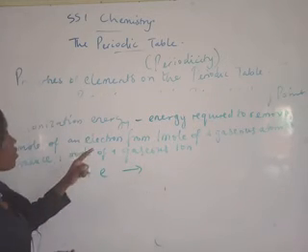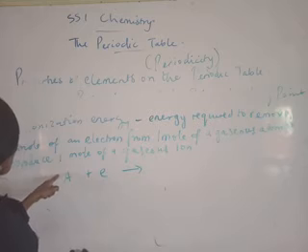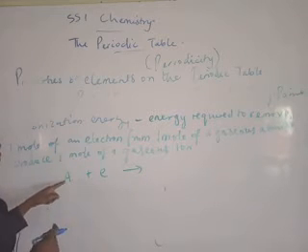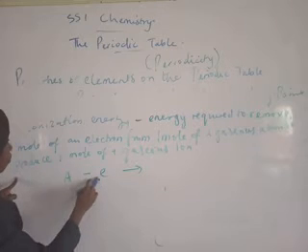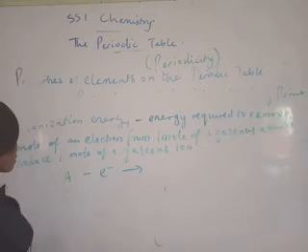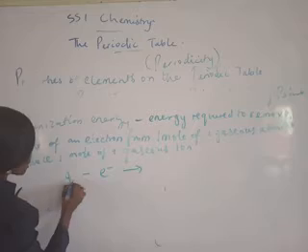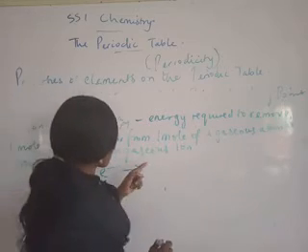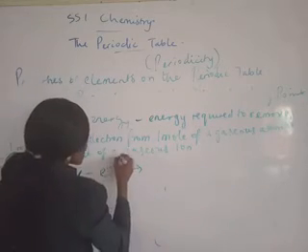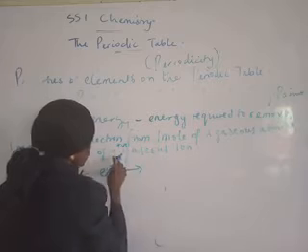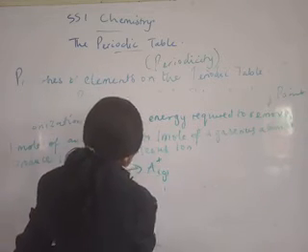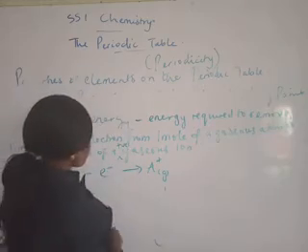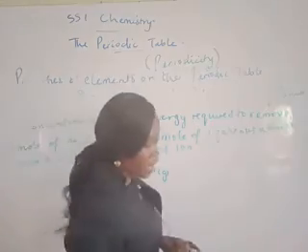The amount of energy required to remove 1 mole of an electron. I want to remove 1 mole of this electron. There's an invisible 1 here. Remember your mole map this. From 1 mole of a gaseous atom to produce 1 mole of a positive gaseous ion, and it is a gas. So this is what ionization energy is.